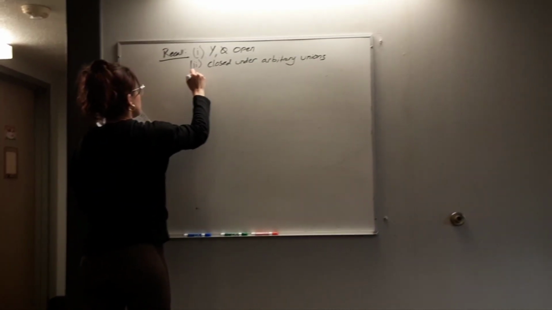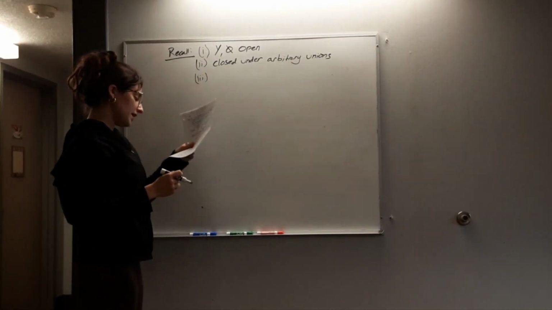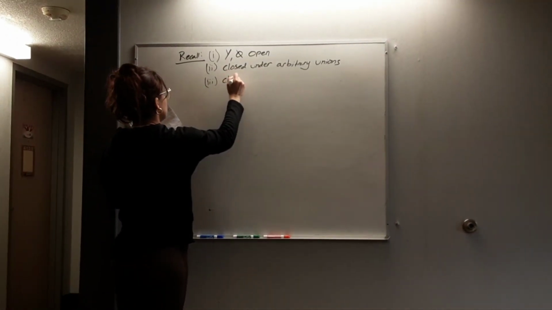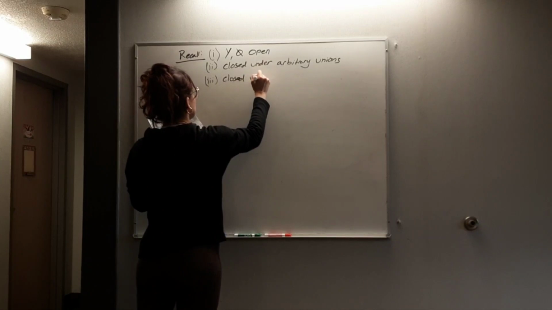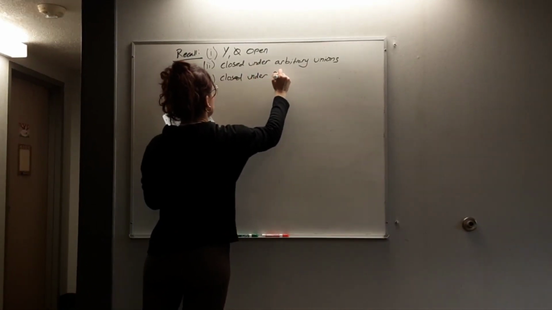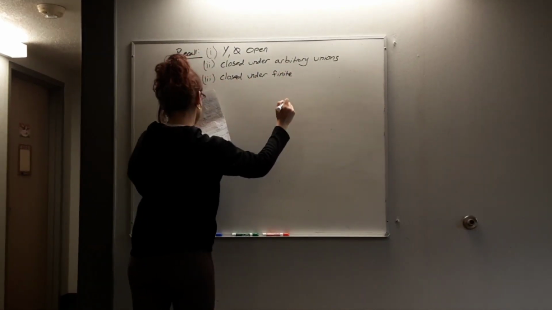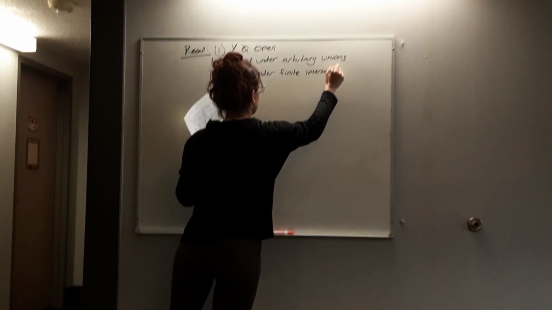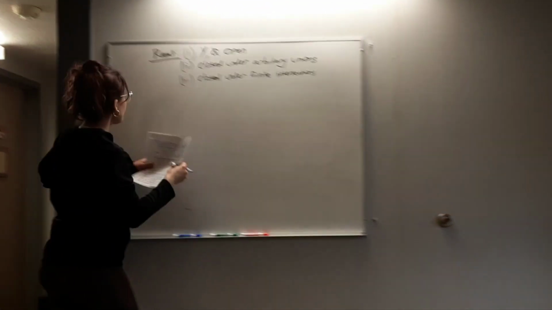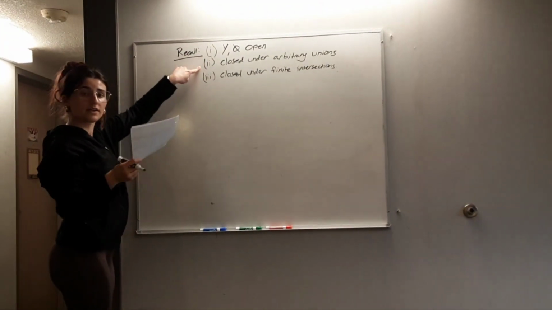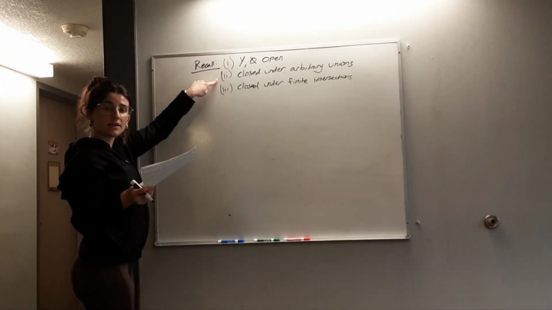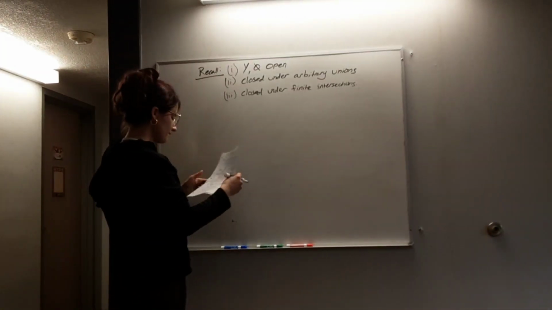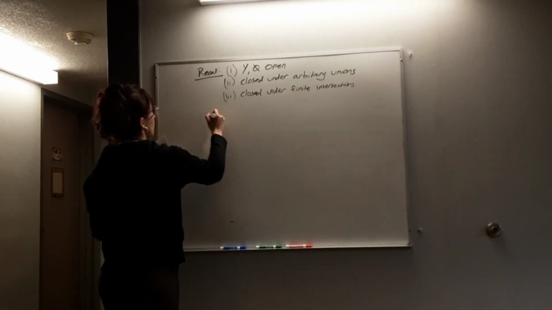And three, we need them to be closed under finite intersections. So these are the three things that we're going to need to show in order to demonstrate that the quotient topology is in fact an actual topology. So let's start with one.